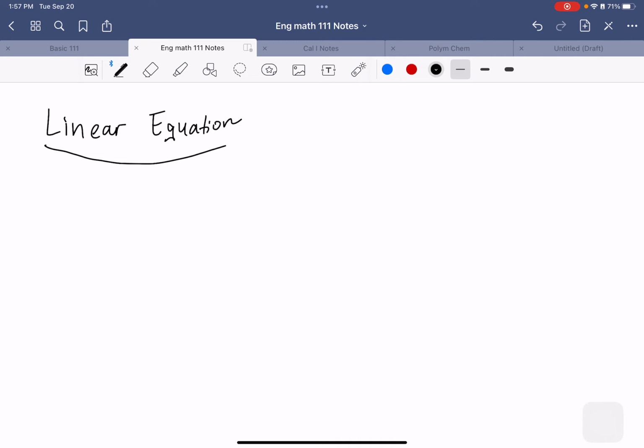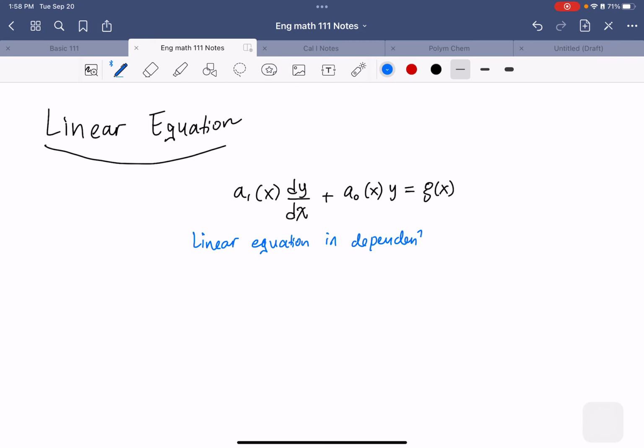Let me write the general form for linear. So this is called the linear equation in dependent variable y.